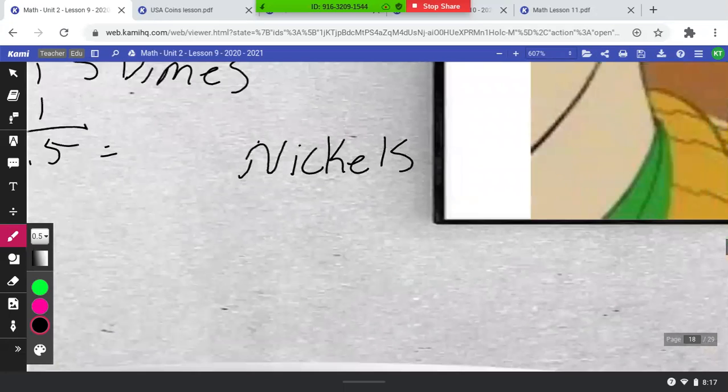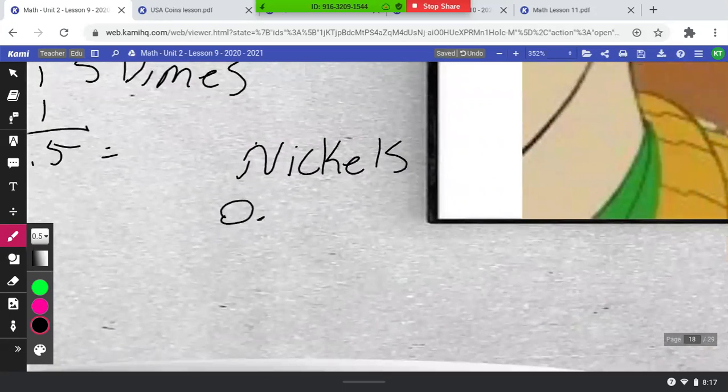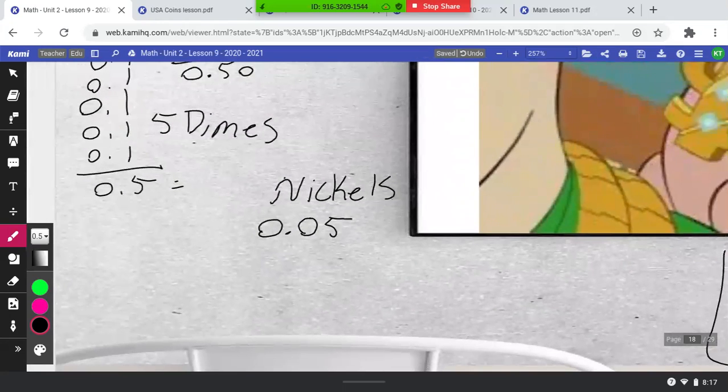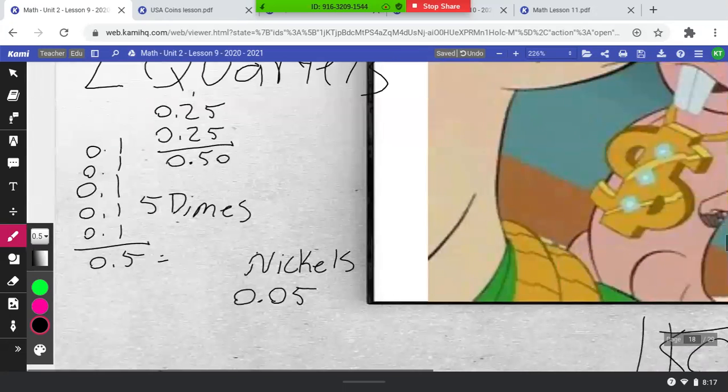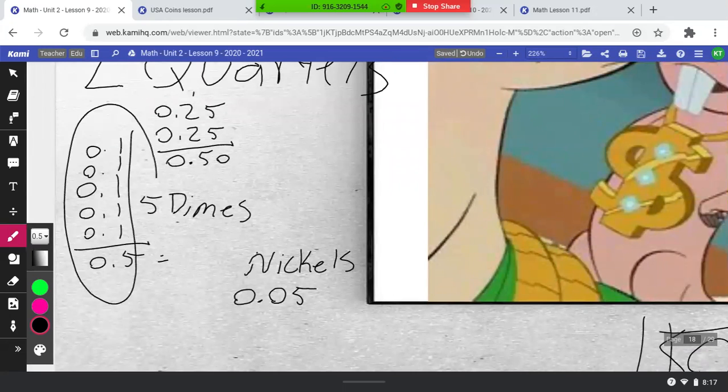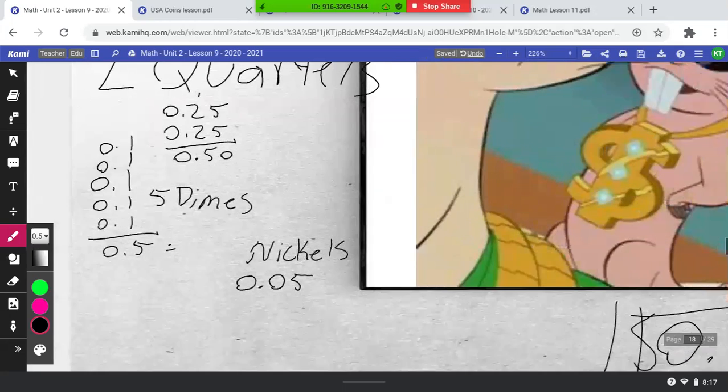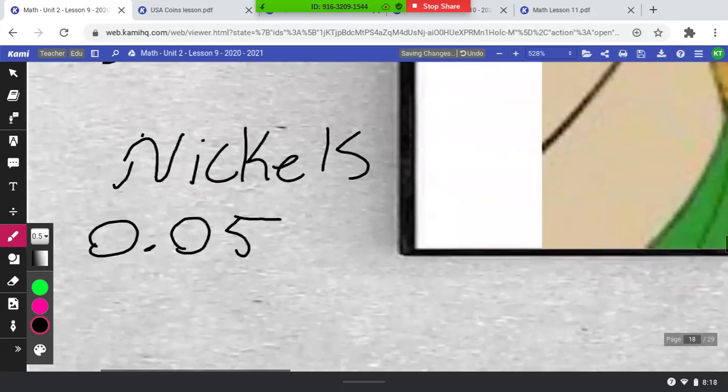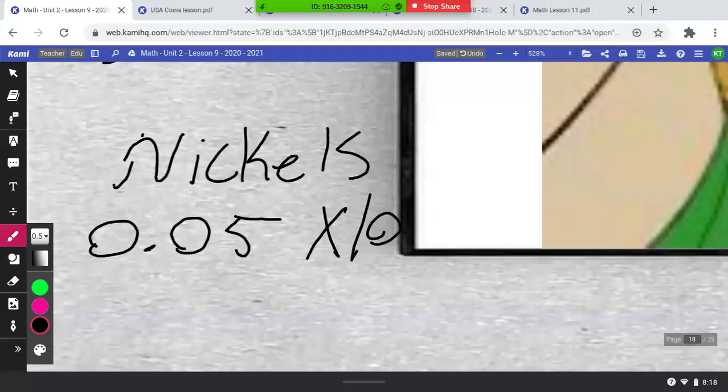Well, 1 nickel is 5 cents. I would have to add that 10 times. Instead of adding nickels over 10 times like how we did with dimes, but dimes we only did 5, let's just multiply it because that's a power of 10.